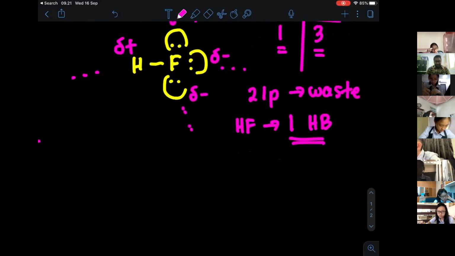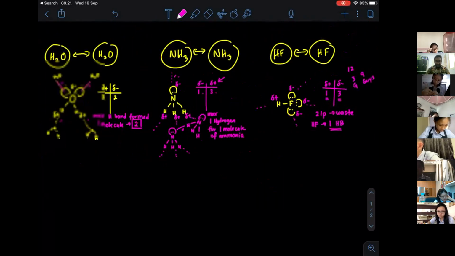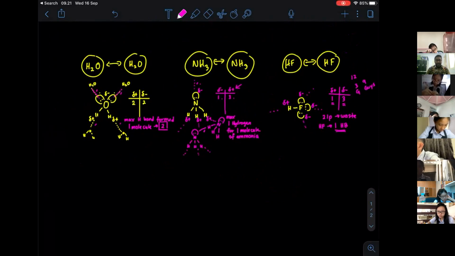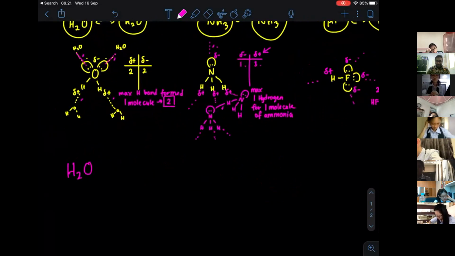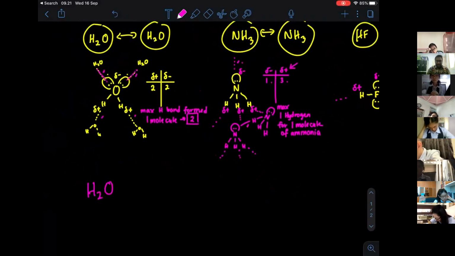So in summary, when it comes to hydrogen bonding, water will form the maximum number of hydrogen bonds, up to its capacity, because there are two delta plus and two delta negative, so one molecule will form two hydrogen bonds.